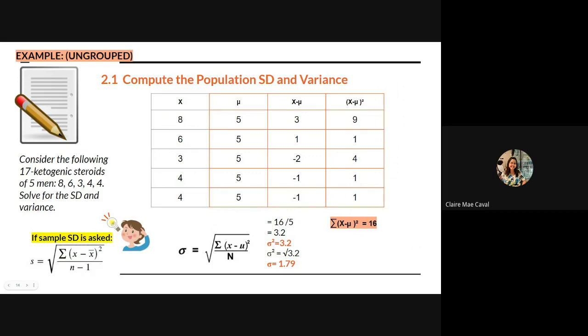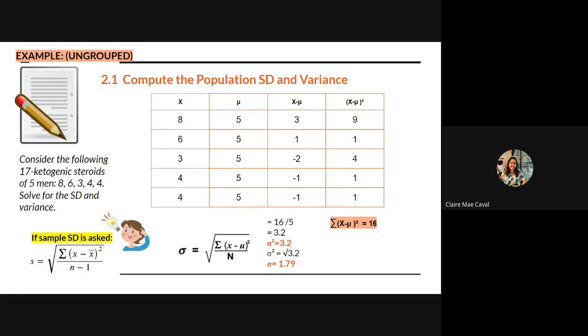So that is already 4, the denominator. 16 divided by 4 is 4. So the sample variance is 4. When we take the square root of 4, the sample standard deviation is 2. Again, the sample variance is 4 and the sample standard deviation is 2.